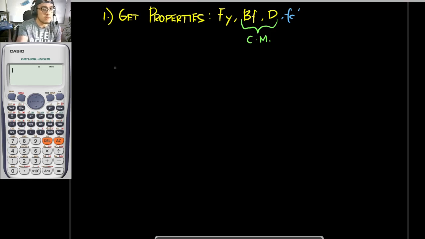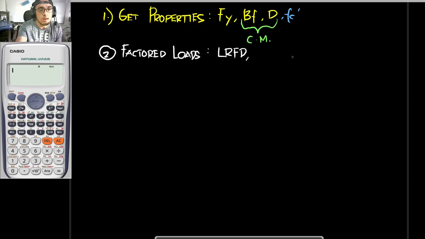Okay, next up, after you have listed your properties already, ano ba next step natin? Yung factored loads. So, step 2 is to compute for the factored loads. I wouldn't be discussing any further on this step number 2 right here. Basta alam nyo na kung ano yung LRFD and kung ano ang ating ASD. So, ang ASD natin would be the service loads.